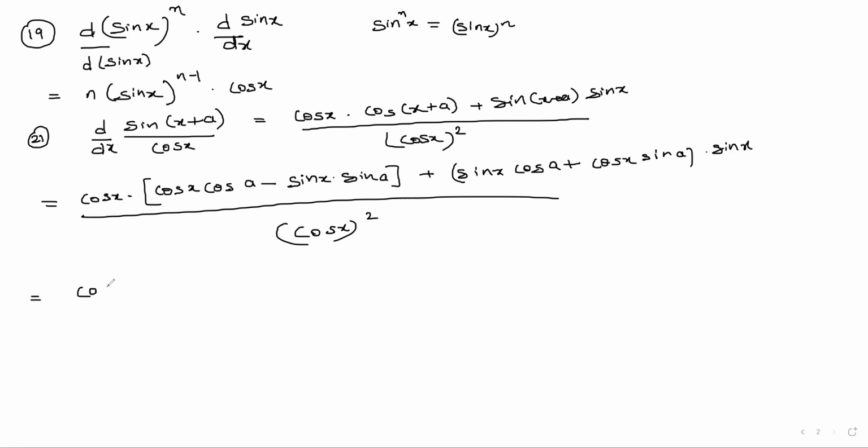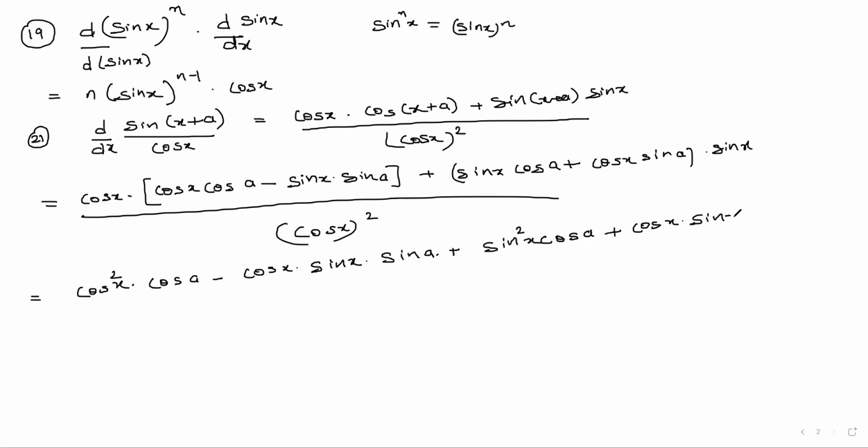Now open the bracket. So this will give you cos square x cos a minus cos x sin x sin a plus sin square x cos a plus cos x into sin x into sin a, by cos x whole square.